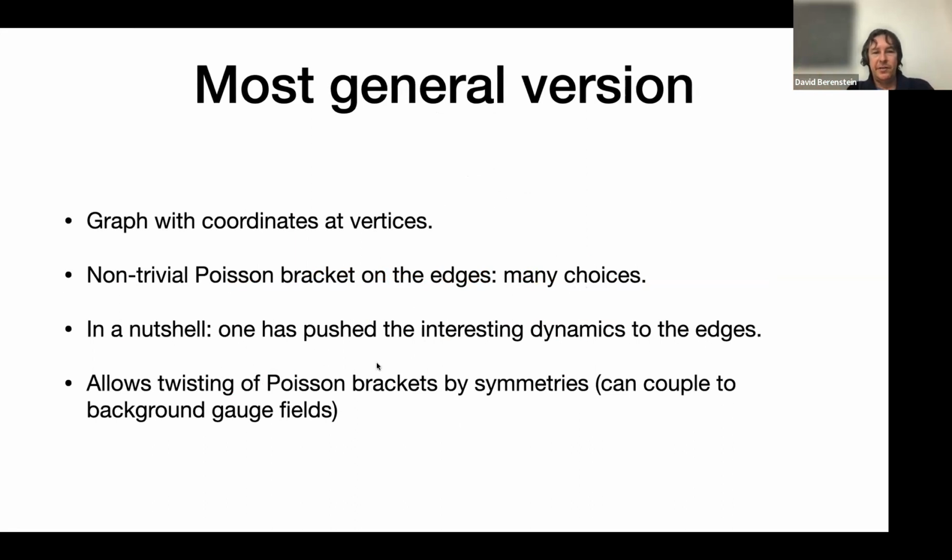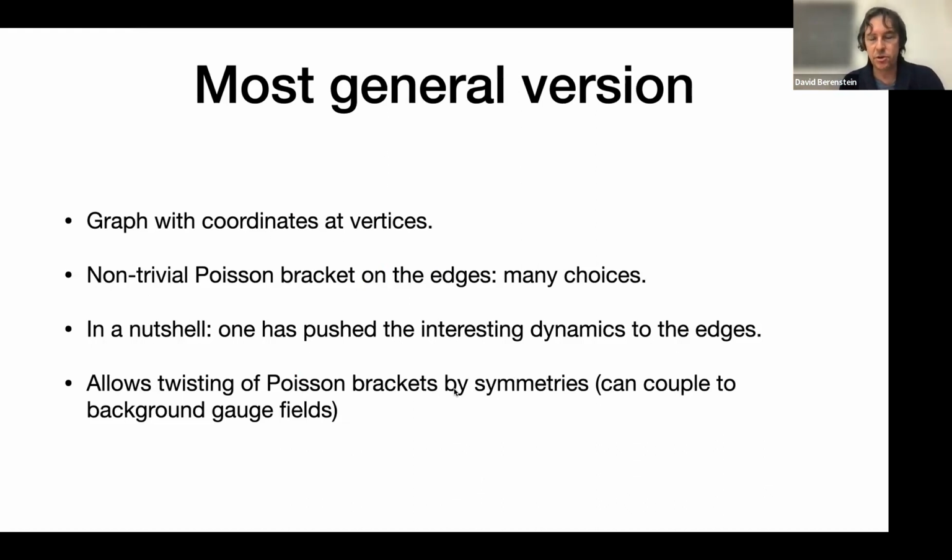In a nutshell, you have pushed all the interesting physics to the edges, meaning how you assemble the Poisson bracket. And if you want to twist your Poisson brackets by symmetries, like Offer was asking, by gauging or coupling to background gauge field, you can put all of that into how you twist the Poisson brackets from 1 to some other values, so you can form non-trivial holonomies, etc., etc.